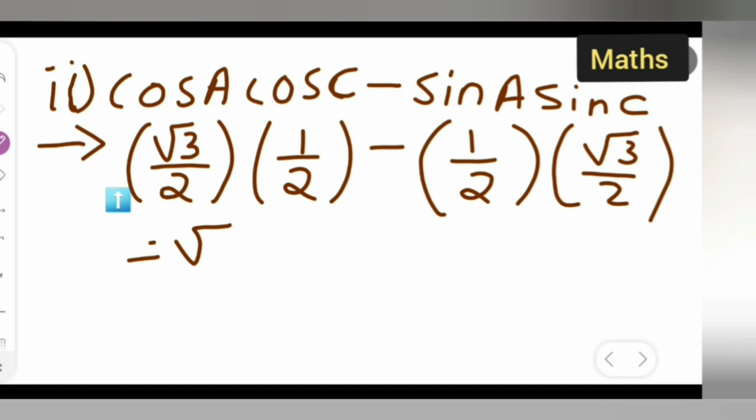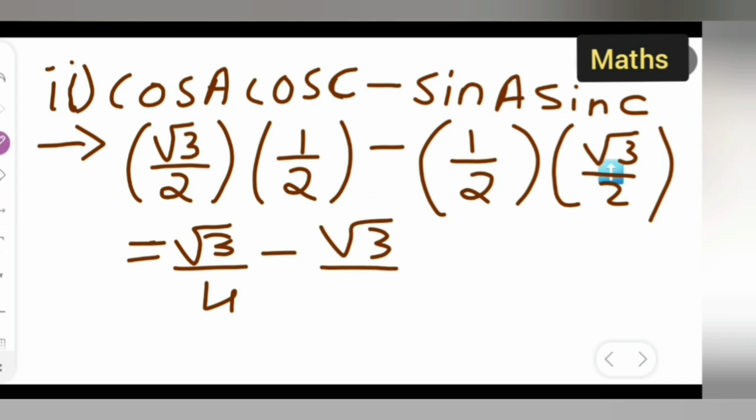Here it is root 3 upon 2 times 2, which gives 4 in the denominator. And root 3 upon 4 minus root 3 upon 4 is nothing but 0. So the second part we got is 0.